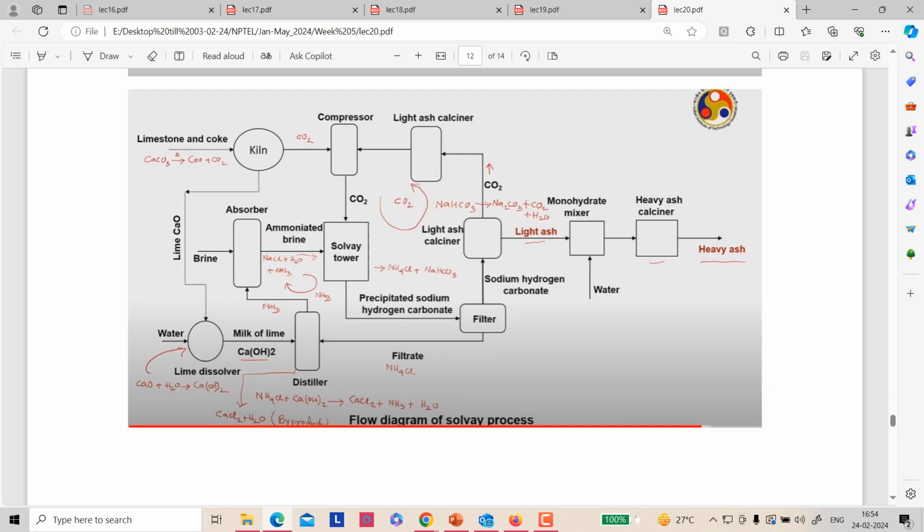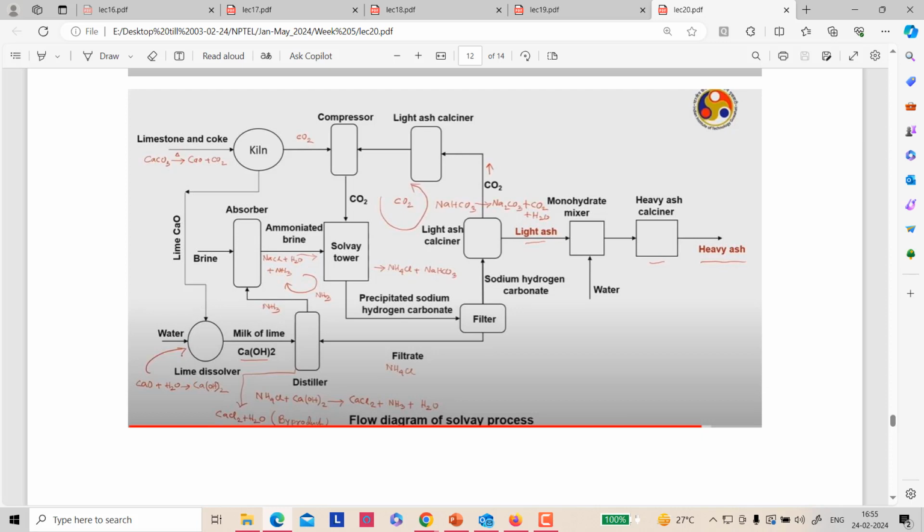Both of them react and produce NH4Cl and NaHCO3. This is precipitated sodium hydrogen carbonate. This goes into the filter. Sodium hydrogen carbonate is separated from the NH4Cl.